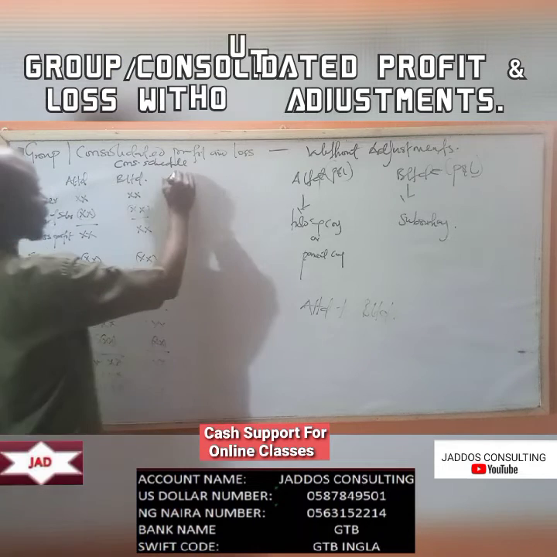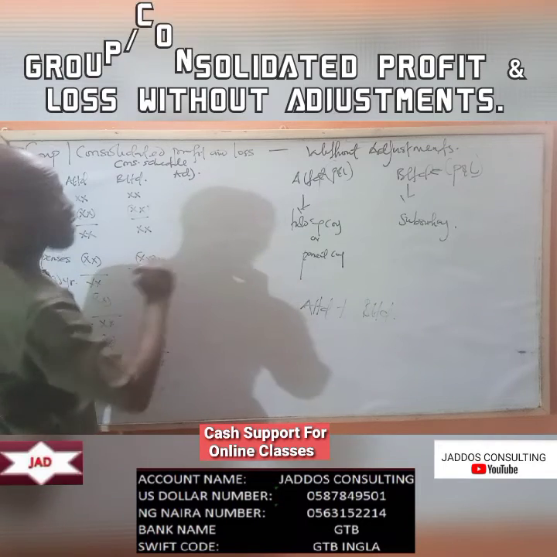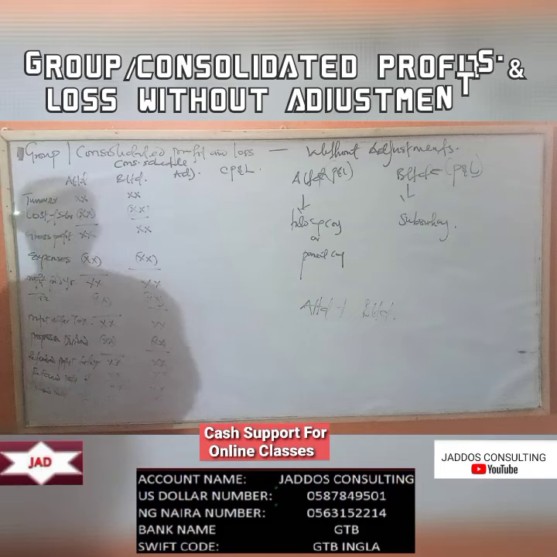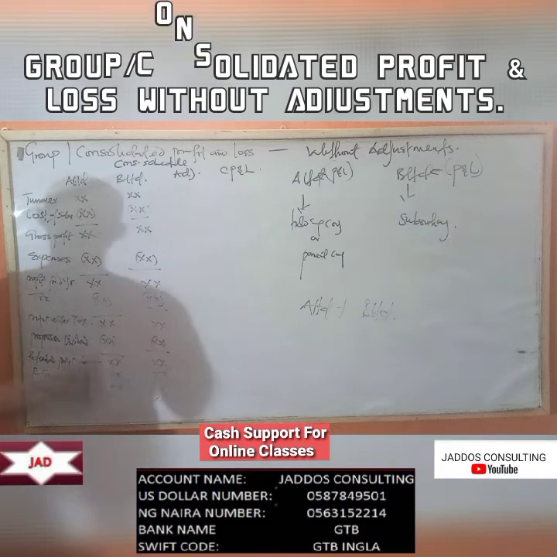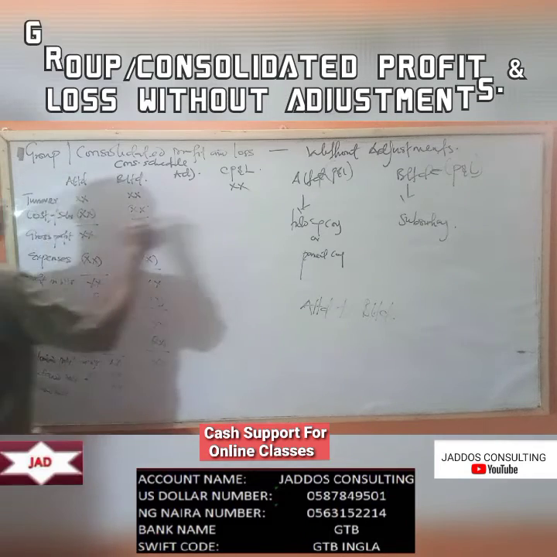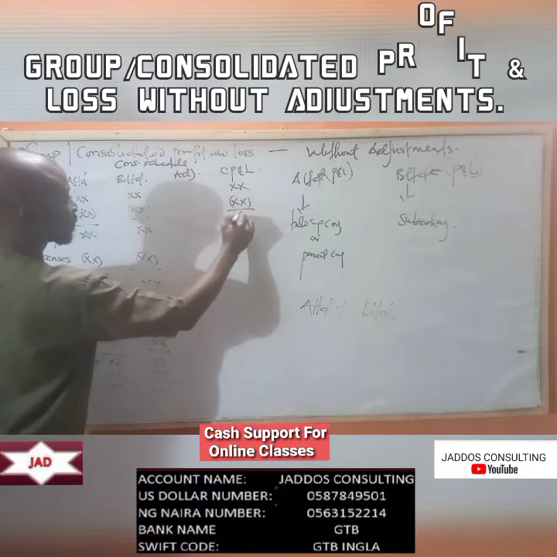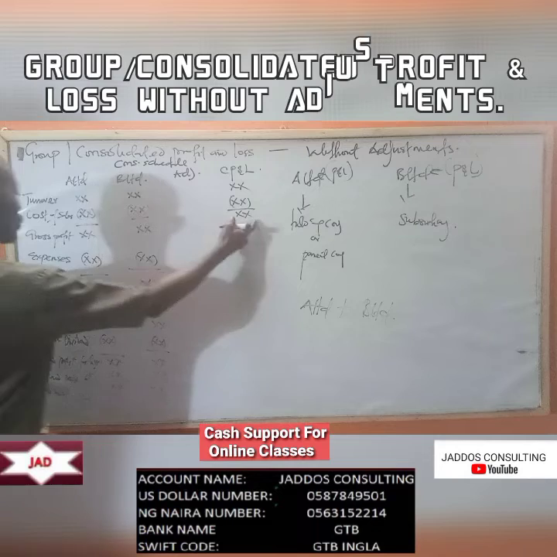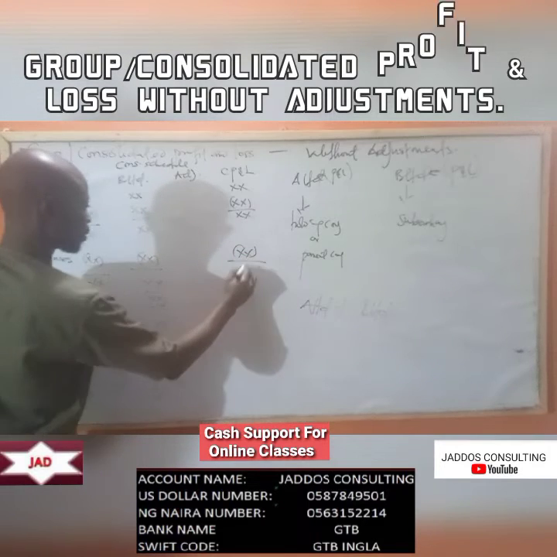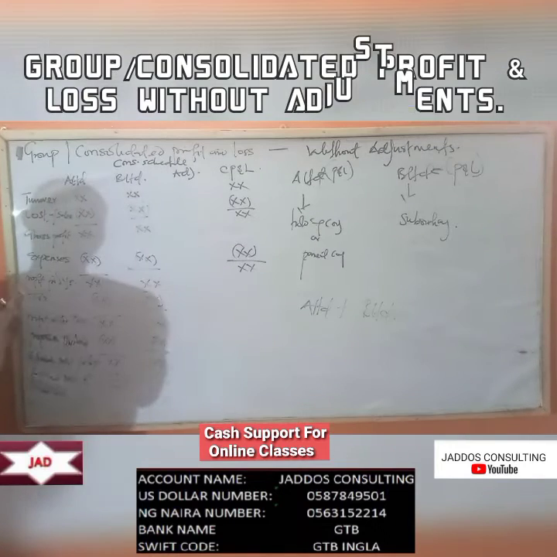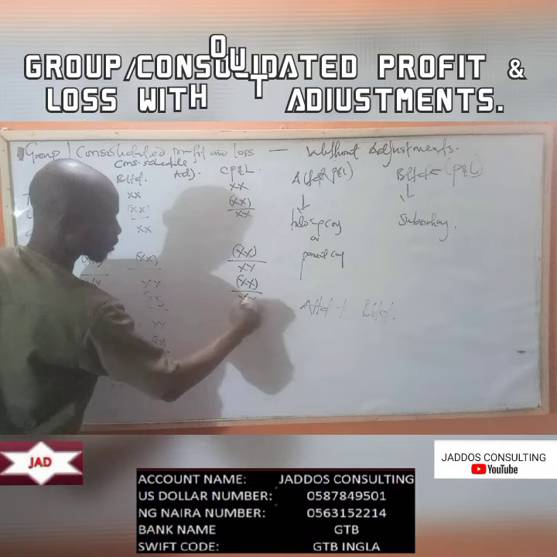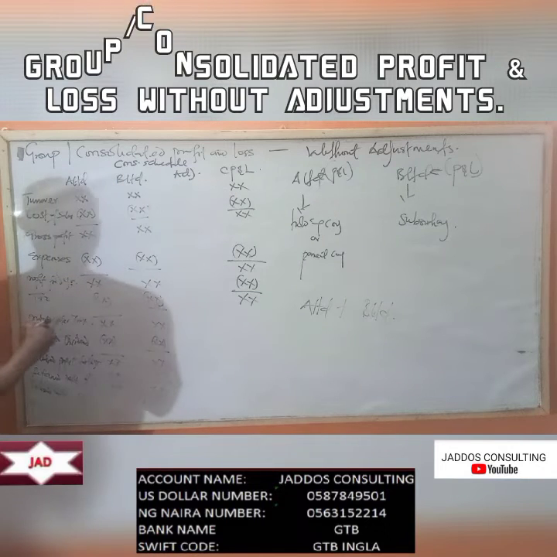Then if there's any adjustment, you put the adjustment there. Then you now have C, P, and M. But here there are no adjustments. So your turnover will be this plus this, giving you this. Cost of sales will be this plus this, giving you this. So you have your gross profit. Expenses will be this plus this, giving you this. Now this is your profit for the year. So tax will be this plus this, giving you this. Take this out. So this is what?